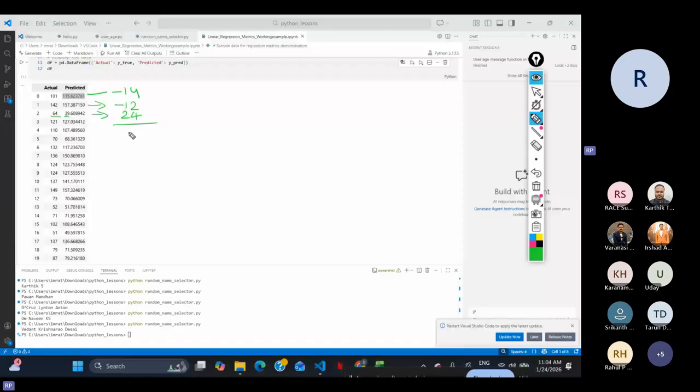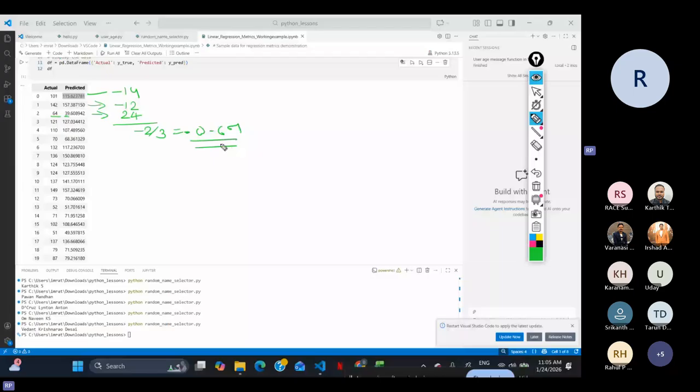Let's just do the math. So tell me what will be the average error on this one? Minus 26 plus 24, so minus 2 divided by 3, which is going to be minus 0.67 will be my error, if I just take all the errors and divide by the number of observations, right?